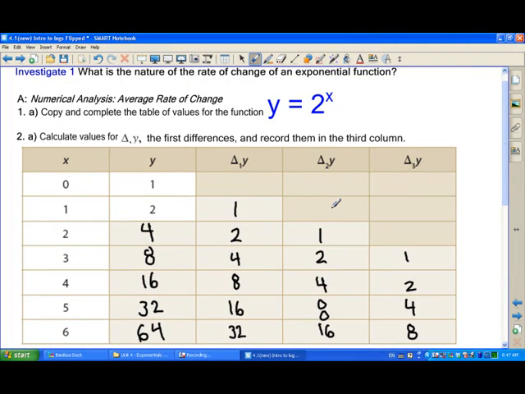I can tell by looking at this that if I kept calculating differences, I would never find a constant difference. But the bigger question is, is there a pattern to these differences? Is there a way we can tell just by looking at a table of values what type of function we're looking at?